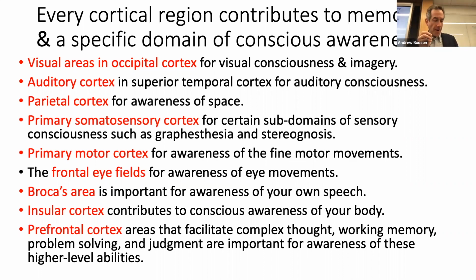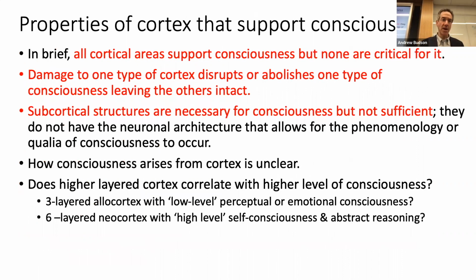And this is another nuance that we have put into this paper. We don't think it makes sense to talk about consciousness as a single thing. We think there are different aspects of consciousness. We think that all cortical areas support it, but none are critical.